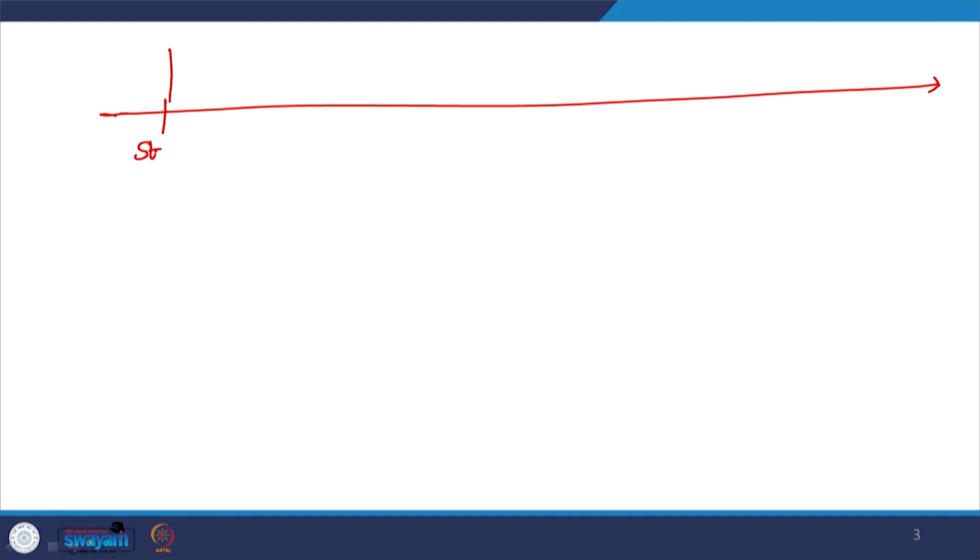In this case, the situation is like a flow diagram. This is the start of month 1, and during this month you are producing some number of units x1.